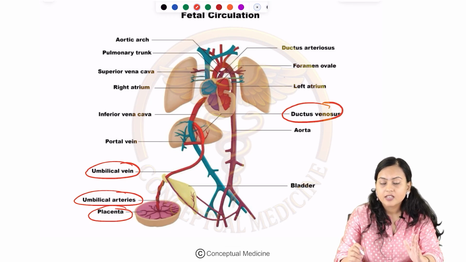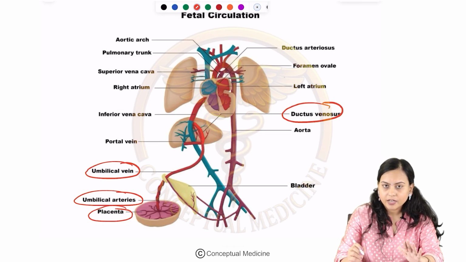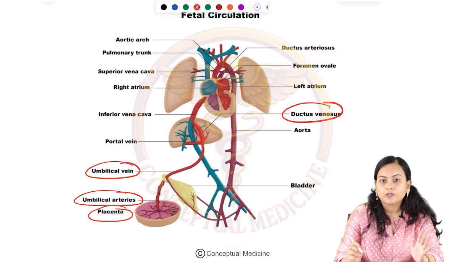Oxygenated blood lies in the middle part of the inferior vena cava, that is received from the placenta, and deoxygenated blood that is received from the lower limb, pelvis and liver lies in the lateral side of the inferior vena cava. This arrangement of oxygenated and deoxygenated blood inside the inferior vena cava is known as streaming.